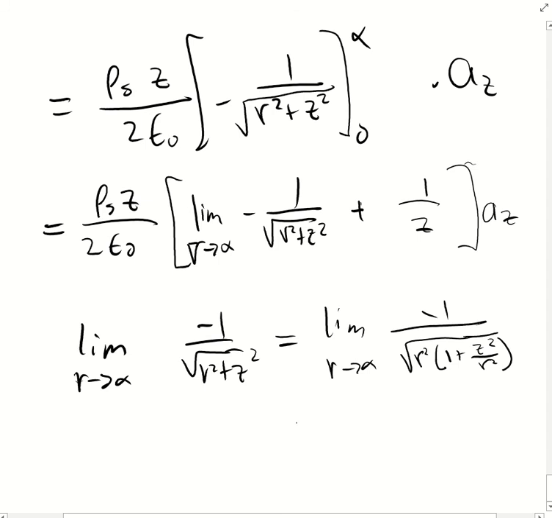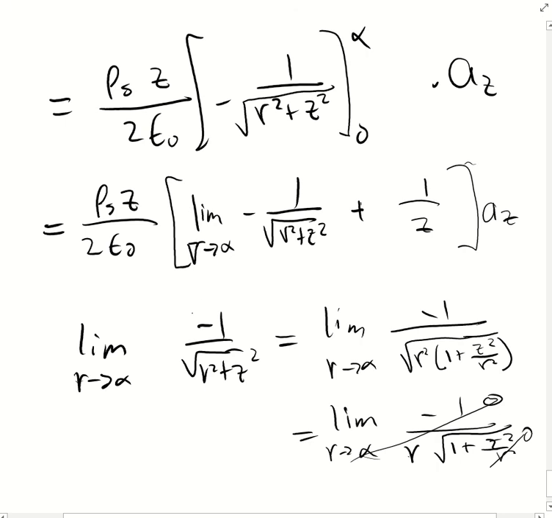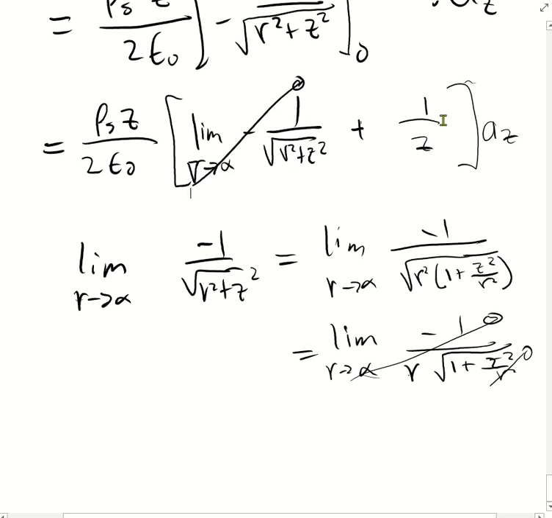Then negative 1. Then this will be the limit of negative 1 all over r, square root of r squared, then what remains inside is 1 plus z squared over r squared. But look, this will be 0 and what happens is negative 1 over r as r approaches infinity. So this whole limit will also become 0, 1 over something. So this is 0. So the only remaining here is 1 over z.